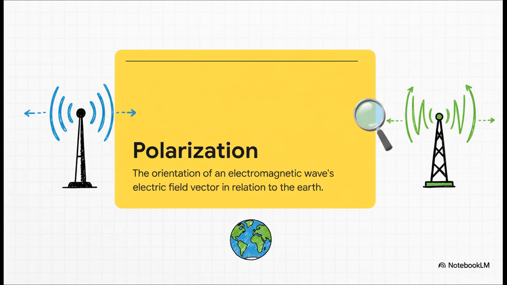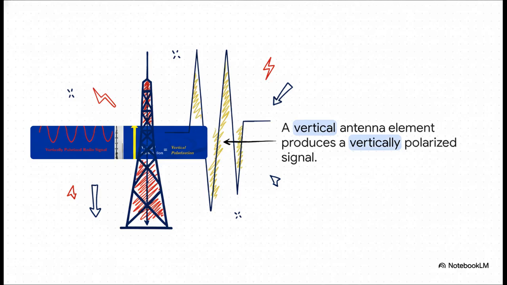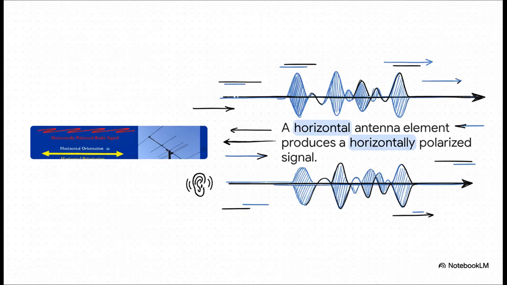The answer comes directly from the physical orientation of the part of the antenna that actually sends out the wave. So for instance, if that radiating element is positioned vertically, standing up straight, it creates a vertically polarized wave, one that moves up and down as it travels. And as you've probably guessed, if you turn that same antenna on its side, making it horizontal, it creates a horizontally polarized wave that moves side to side.